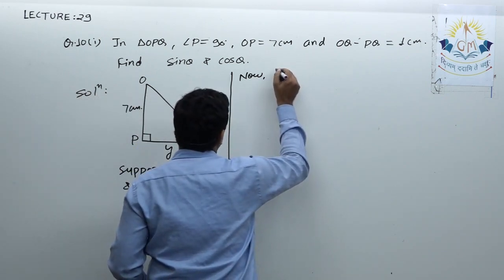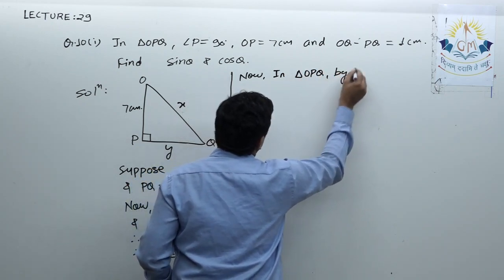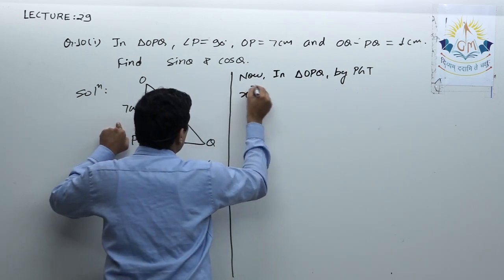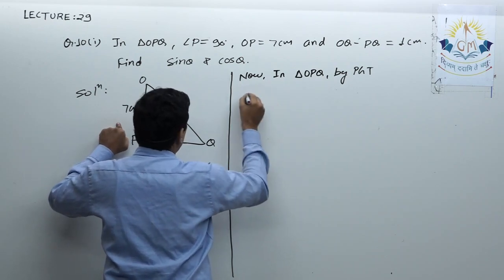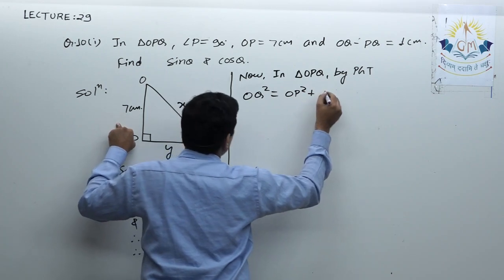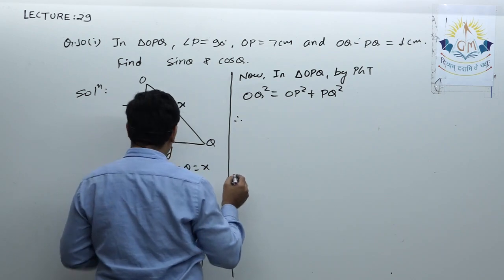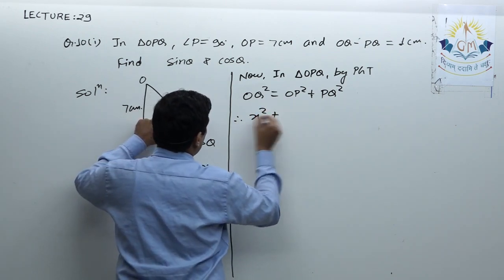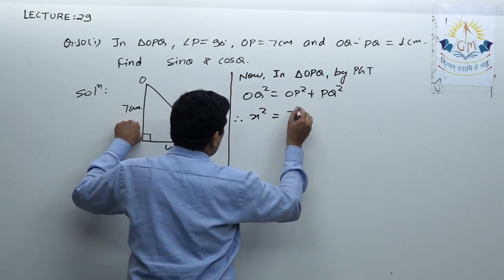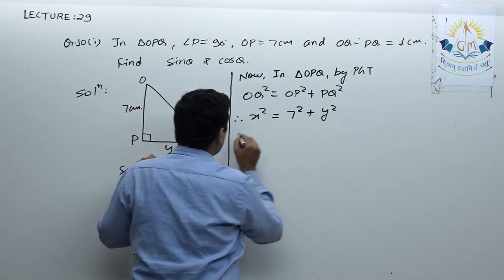Now we need one more relation between X and Y, and we'll get that with the help of Pythagoras theorem. In triangle OPQ, by Pythagoras theorem, OQ square is equal to OP square plus PQ square. OQ is X, so X square is equal to 7 square plus Y square.